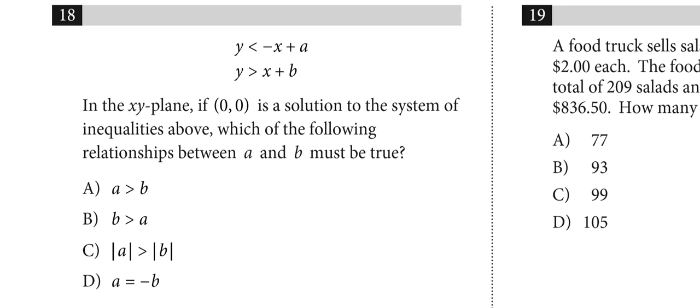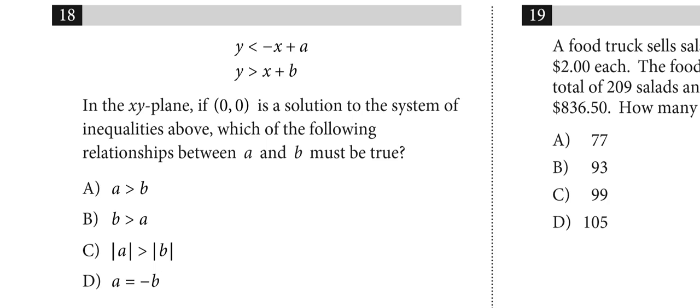Okay. In the xy plane, (0, 0) is a solution to the system of inequalities above. That means when you plug (0, 0) in, you get a true statement. So what do you think I should do with (0, 0)? For both of those inequalities.